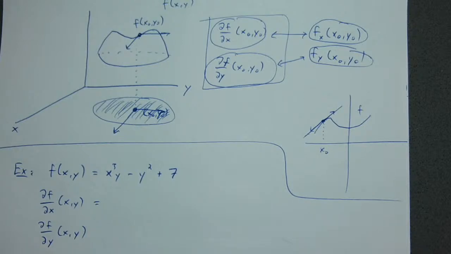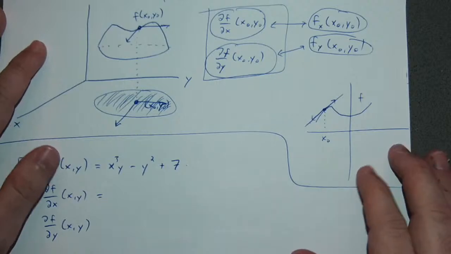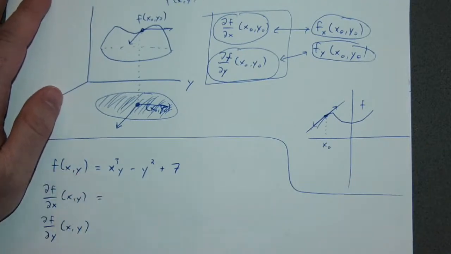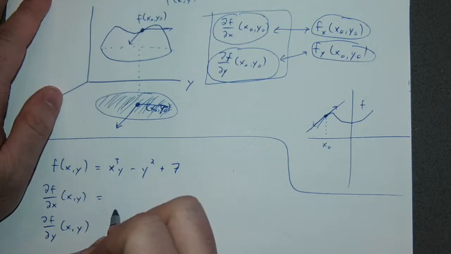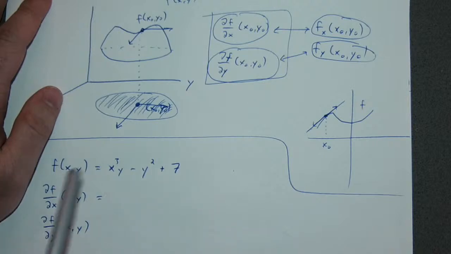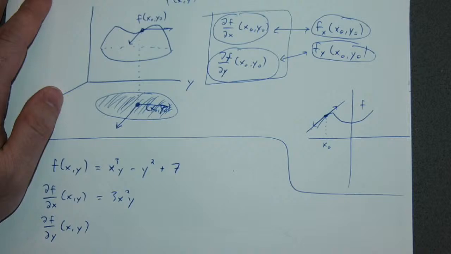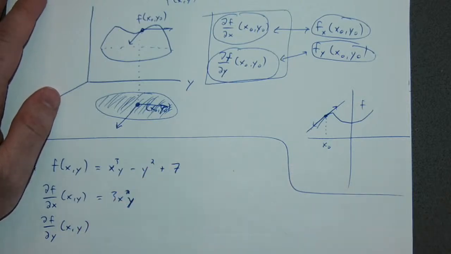Across linear combinations of terms, I can just take the derivative of each term and sum the results. So here, the x partial of f is the derivative with respect to x of x cubed y, treating y as a constant. And what's the derivative of that? Well, that's 3x squared y. Again, we're pretending like y is a constant.